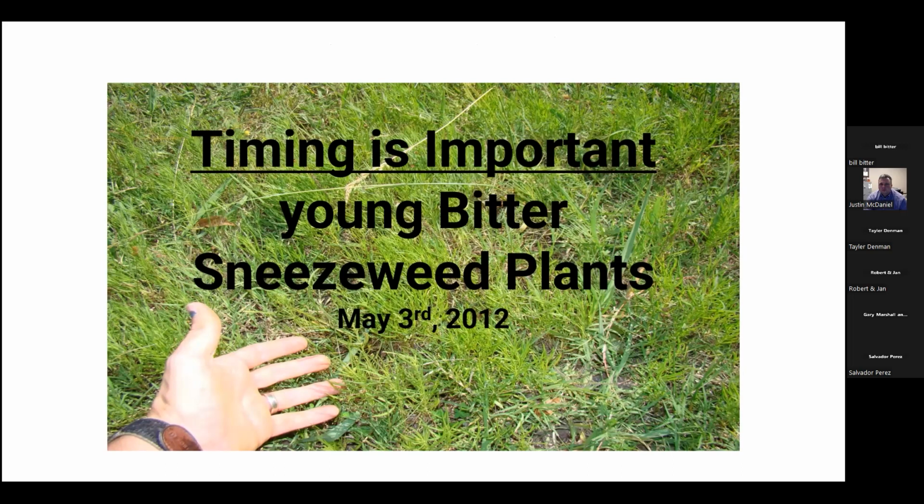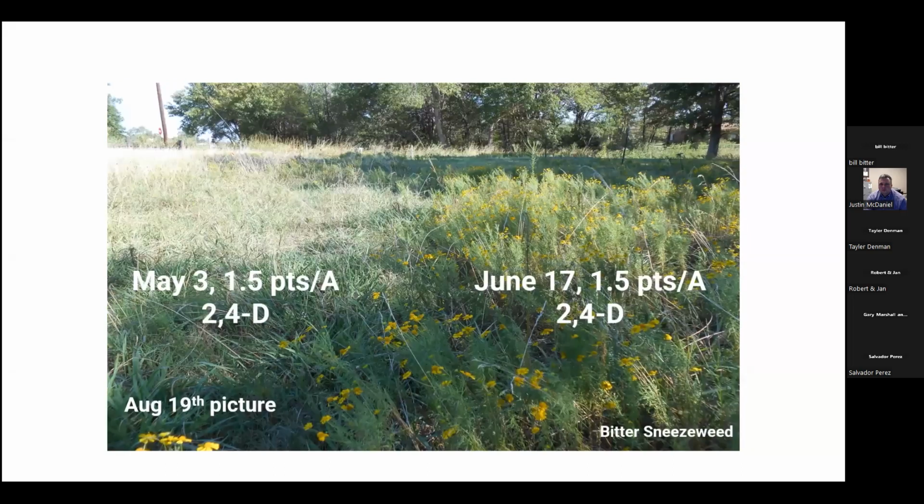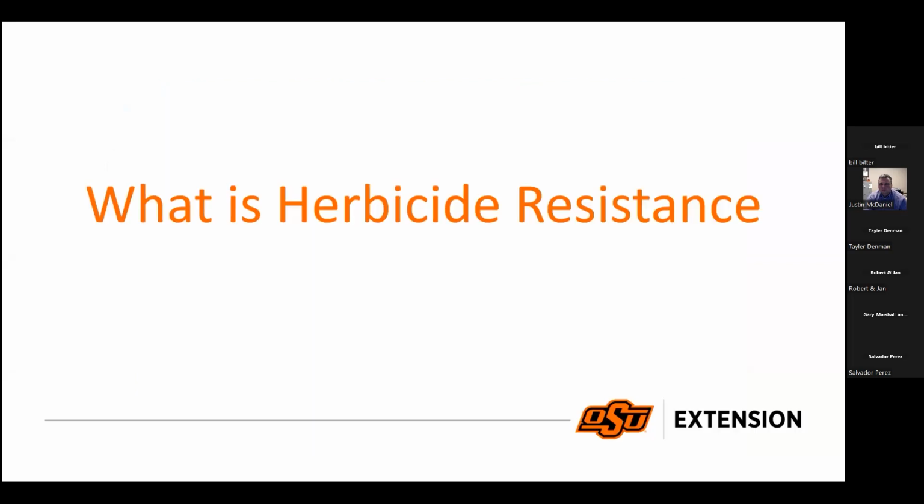In this picture, taken August 19th, the left side is a May 3rd application of 2,4-D, and the right side is a June 17th application of 2,4-D. So just under a month and a half time difference can make all the difference in the world, okay? So just keep that in mind going forward.